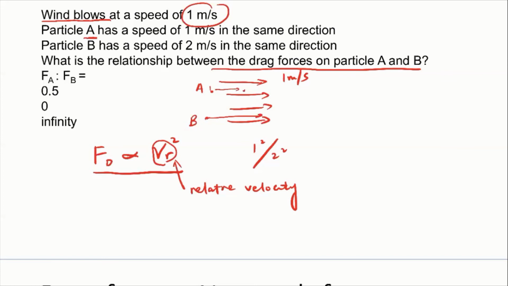So the same thing can happen in a duct. Let's say we have a duct which has a flow upwards, right? And let's say inside the duct, the airflow has a velocity of 1 meter per second.